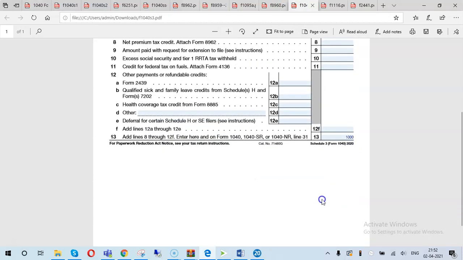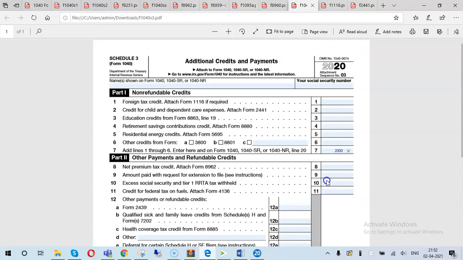So guys, let me quickly recap what I have explained. Part 1 is for non-refundable credits and Part 2 for other payments and refundable credits.